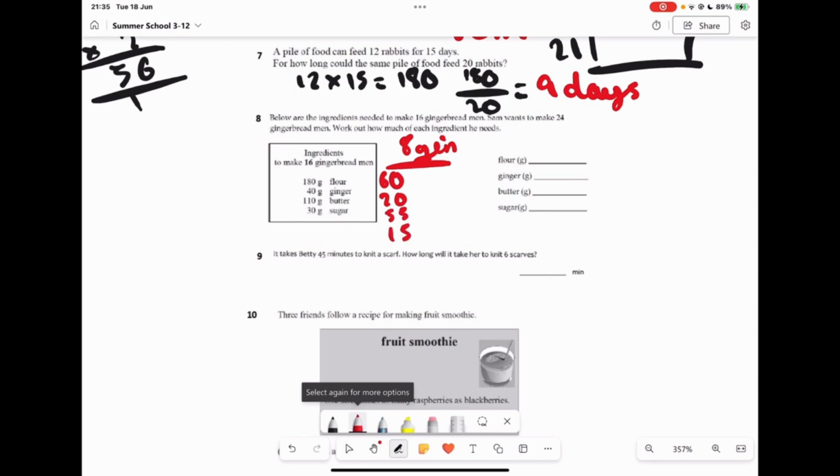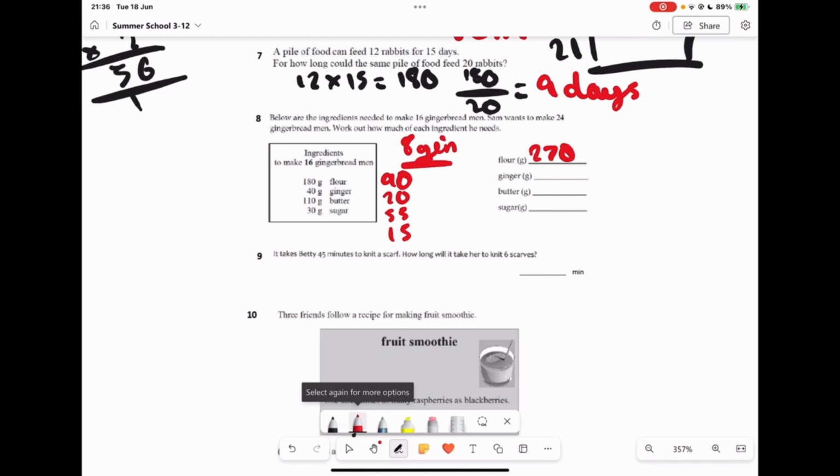So now we have to multiply by 3. What we can do is 60 times 3, which is... not 60 there. I've written that wrong. So this will still be the 20, but then this will be 90. Okay, so 90 multiplied by 3 will be 270 grams of flour.